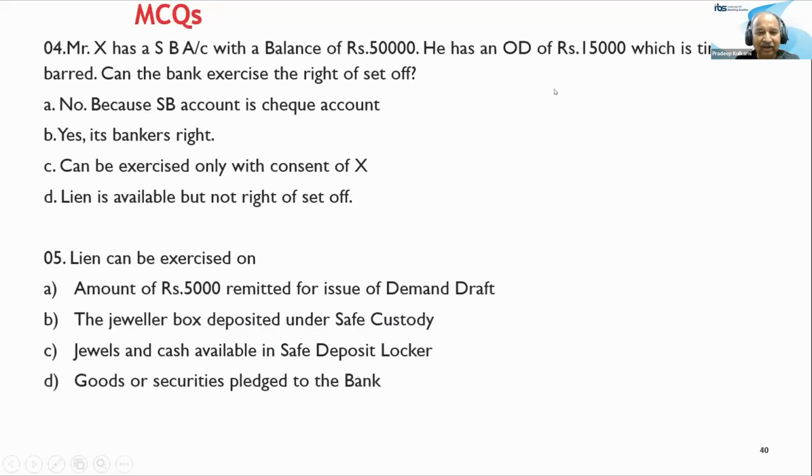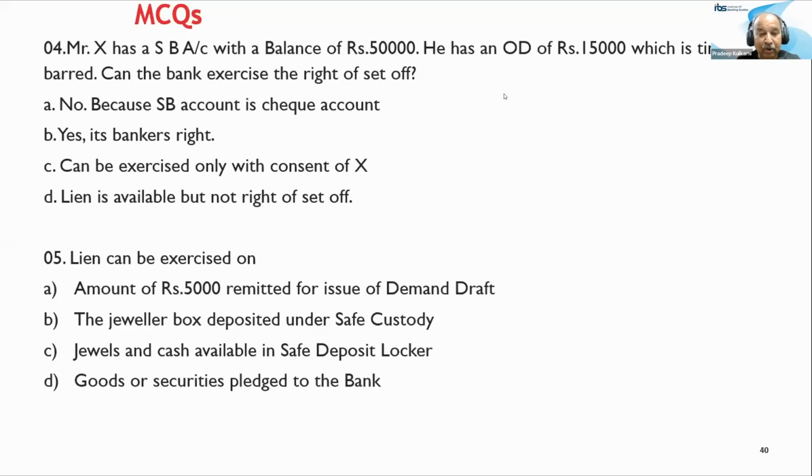Now, similarly, X has an SB account balance, and he has an OD of 15,000 which is time barred. Can the bank exercise right of set off? The overdraft loan being time barred means there is no right to file a case in the court. Can we do it?